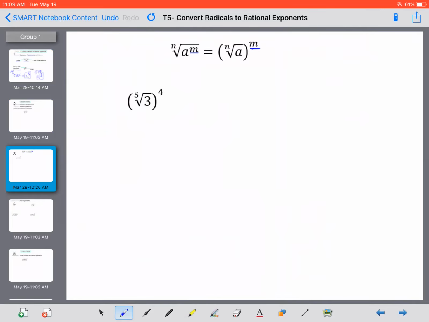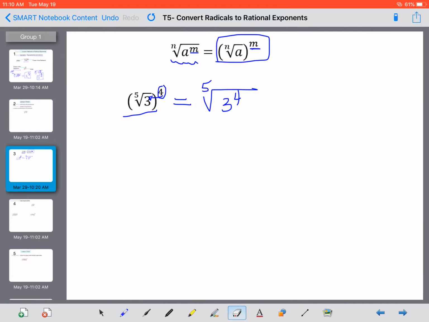The 5th root of 3 raised to the 4th power is the same thing as bringing the exponent into the radicand, the 5th root of 3 to the 4th power. Your homework will be written like this because the homework software writes it that way, but it's the same thing.